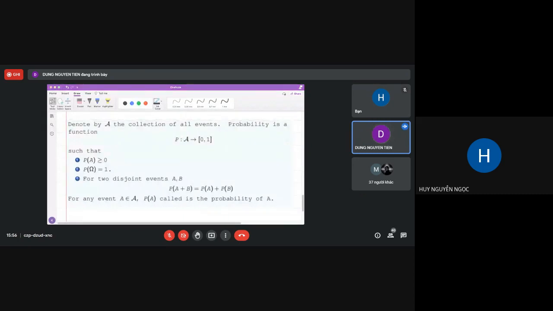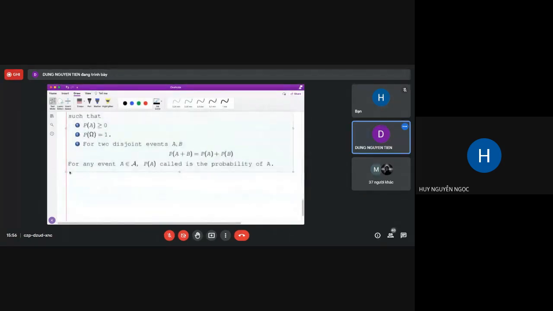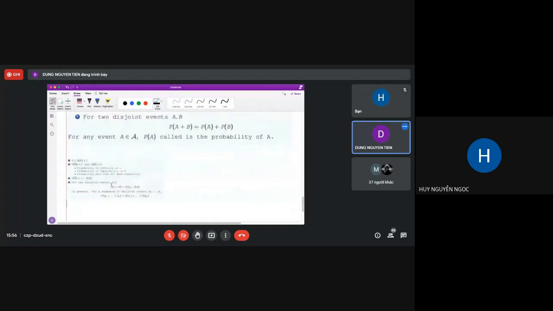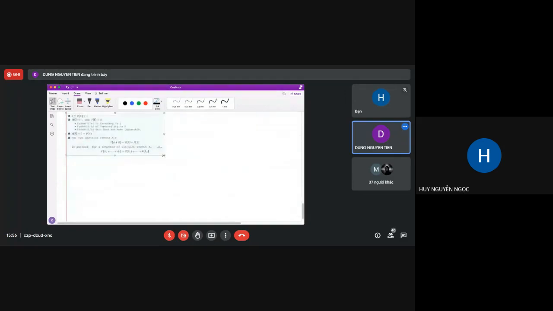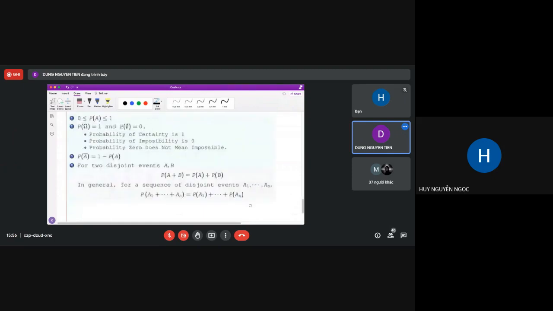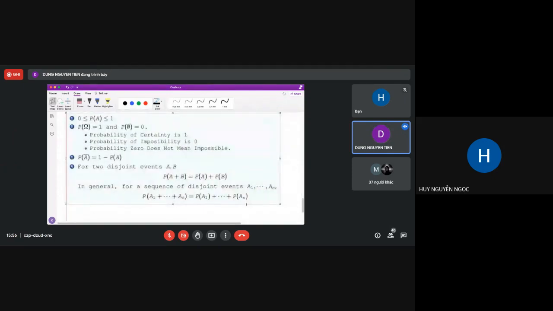Here are some properties of probability. First of all, the probability of the complement is 1 minus the probability of A. For example, A is the event that you pass this course, and suppose that probability is 70%.